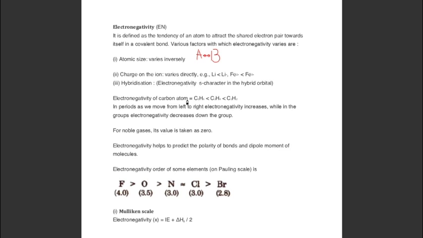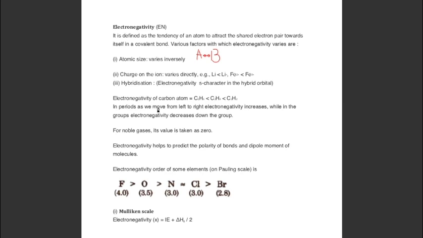So in this way, a carbon atom which is in sp3 hybridization has lesser electronegativity as compared to a carbon atom which is in sp2 hybridization, and an sp2 hybrid carbon atom again has less electronegativity as compared to an sp hybrid carbon atom, because on going from sp3 to sp, the percentage s character will increase. And as the percentage of s character increases, electronegativity also increases.